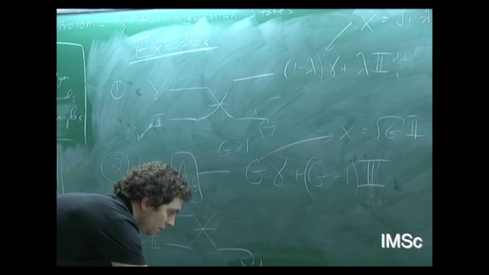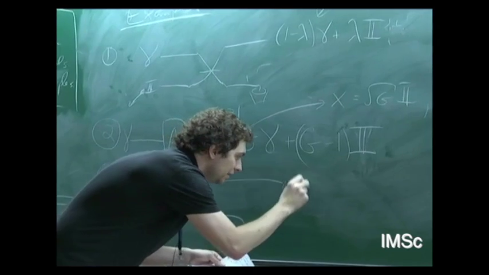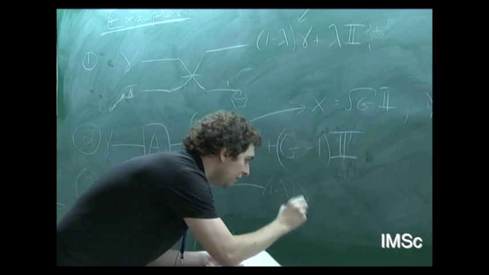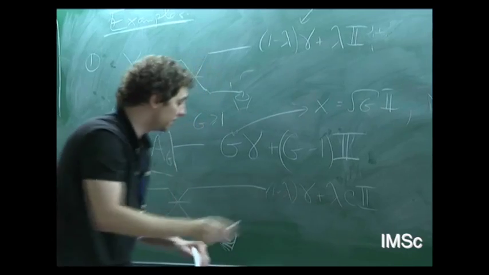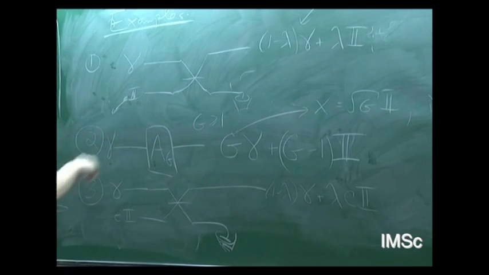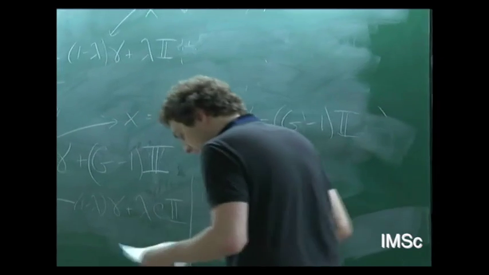That gives me some trash here and some output of (1 minus lambda) gamma plus lambda times this. And this is parameterized by two parameters now, a level of attenuation and an average photon number of the thermal state. And the fourth example I just want to mention is basically a limiting case of this.